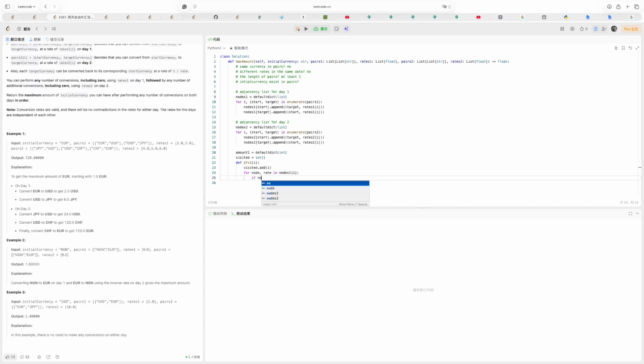And if node is not in visited, we haven't visited yet, then we will go through visit.